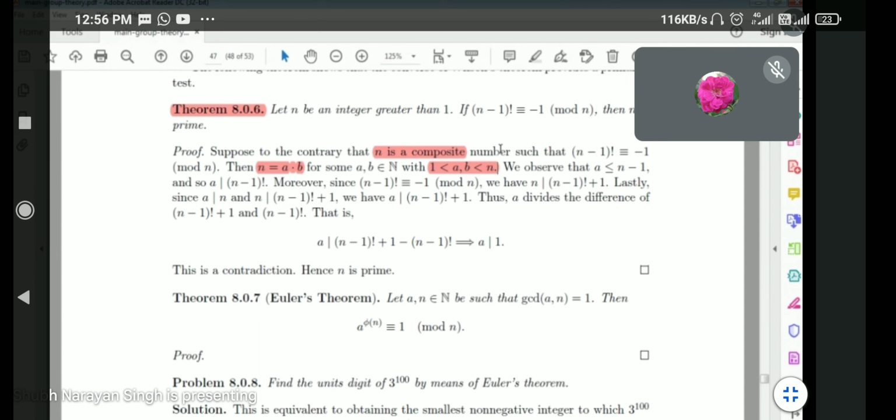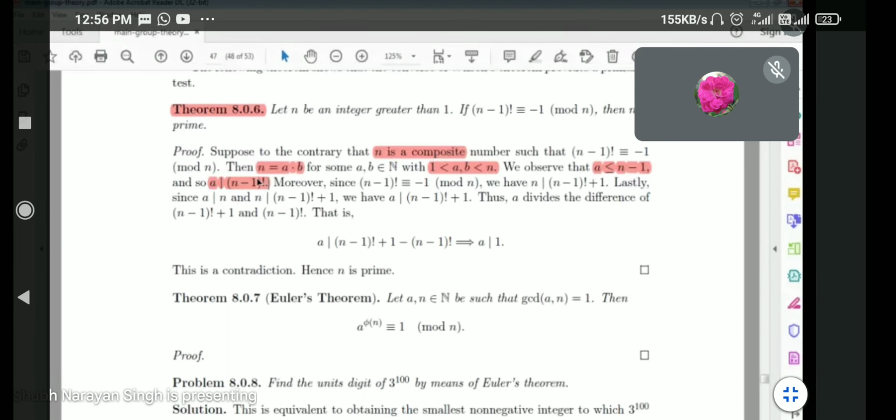Now, because the number a is less than or equal to n minus 1, a must divide (n minus 1)!. Because a sits inside it, if you look at the structure of (n minus 1)!, a is there as a component.